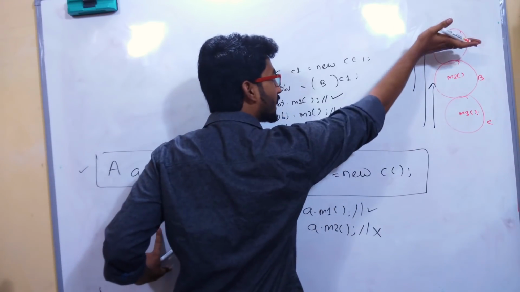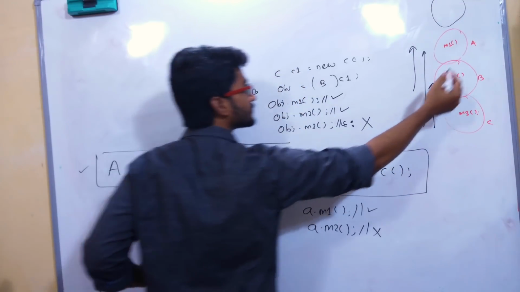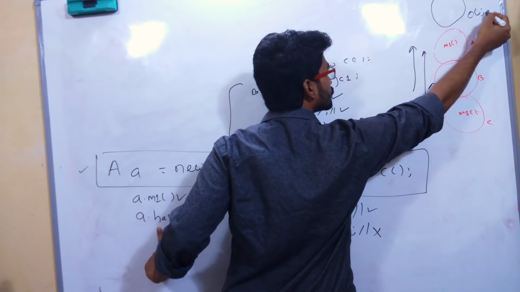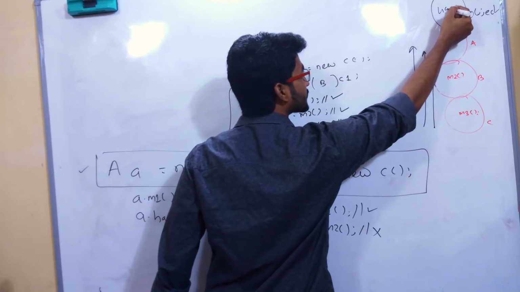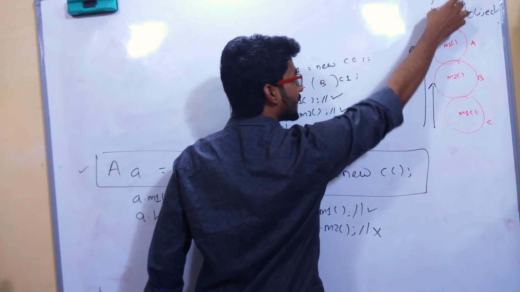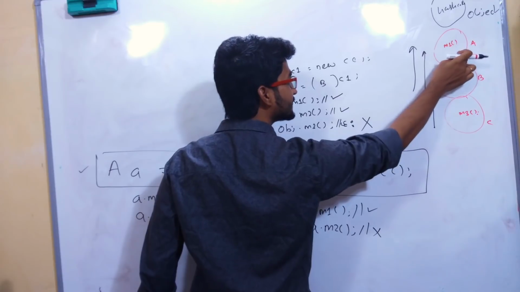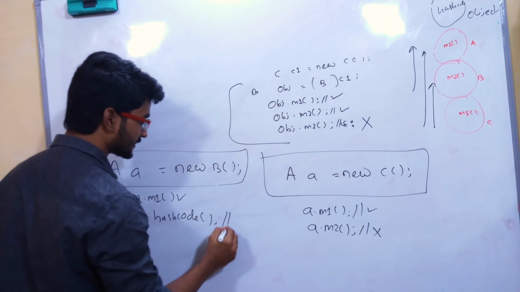All classes, including this a class, by default extend the Object class. The Object class is the superclass of all the classes in Java, right? And in the Object class we have a method called hashCode. Since this class extends Object, the method comes to it by default. So is a.hashCode going to work or not? Obviously it is going to work.